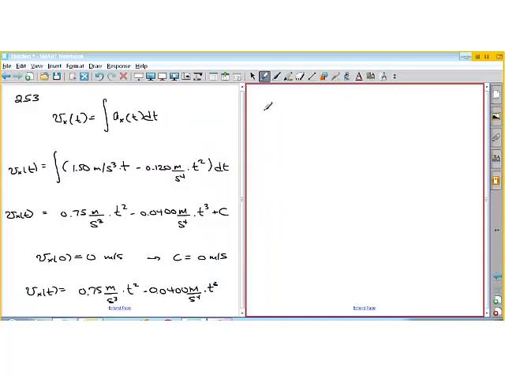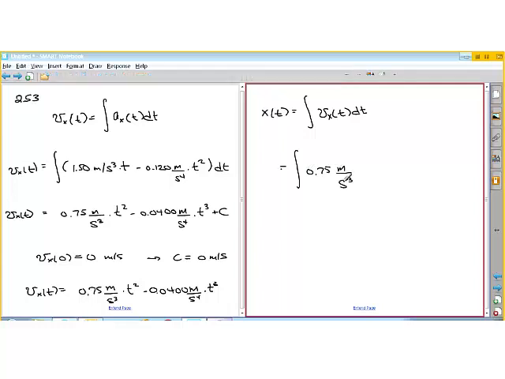Okay. Then to find the displacement x as a function of t, we integrate the x component of the velocity. So we integrate 0.75 meters per second cubed t squared minus 0.0400 meters per second to the fourth t cubed, whole thing times dt.